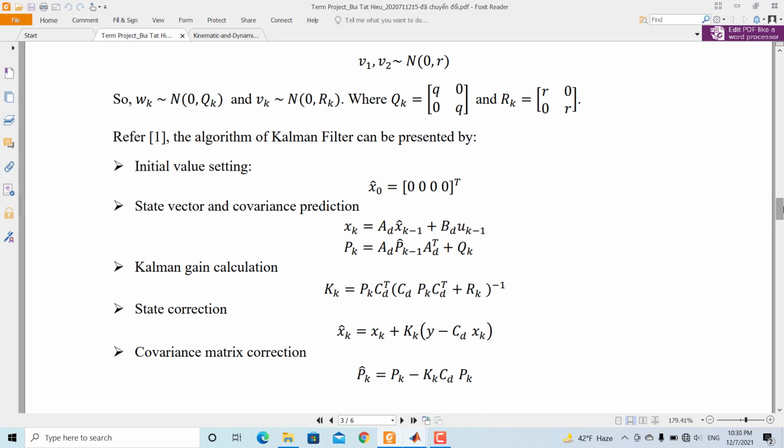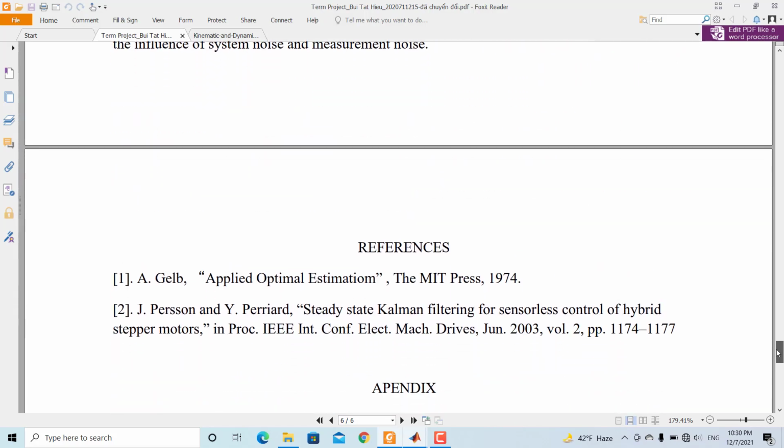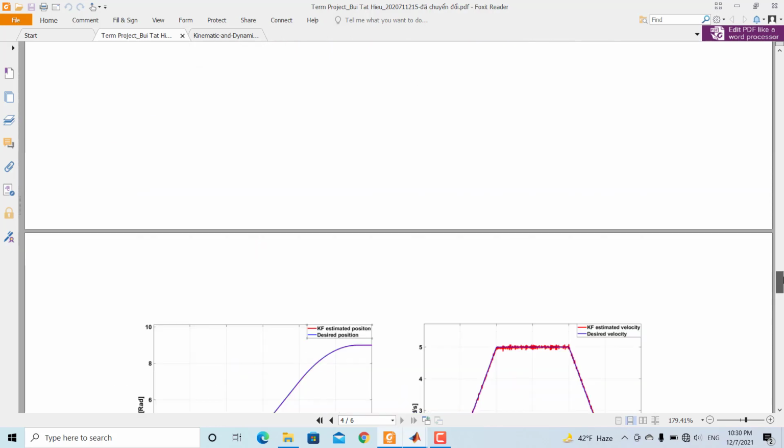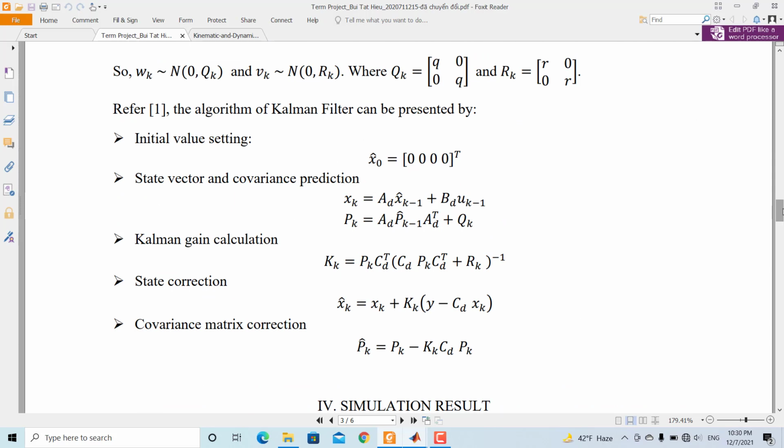I refer to the book here, Applied Optimal Estimation from the MIT Press, 1974, for the algorithm of the Kalman filter, which consists of initial value setting, state vector and covariance prediction, Kalman gain calculation, state correction, and covariance matrix correction.